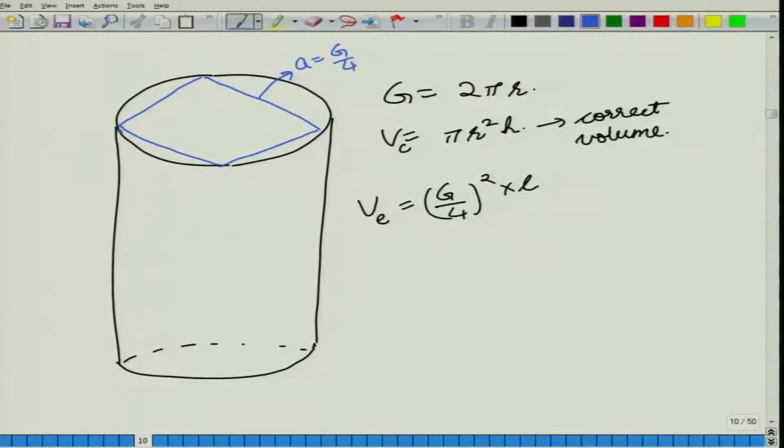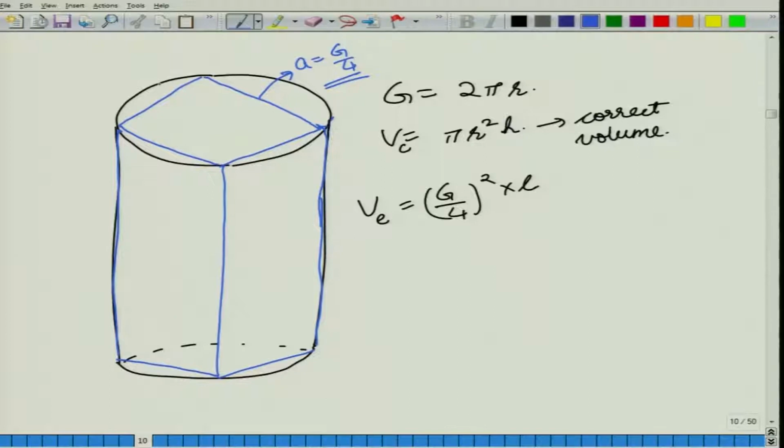So, if we consider a cuboidal portion of the solid here, this solid is a cuboid of edge G by 4.